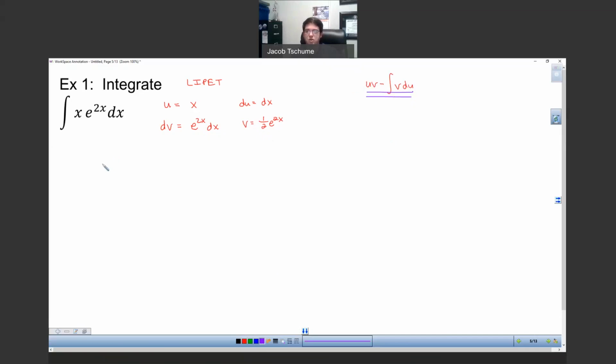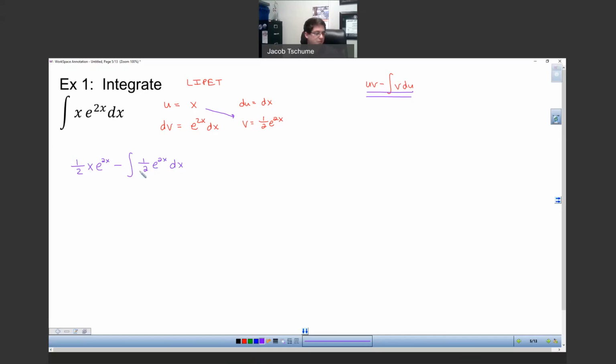So if you multiply u times v, so x times your v function, you will end up getting 1/2 x e to the 2x minus the indefinite integral of v times du, which would be 1/2 e to the 2x, and then du is dx.